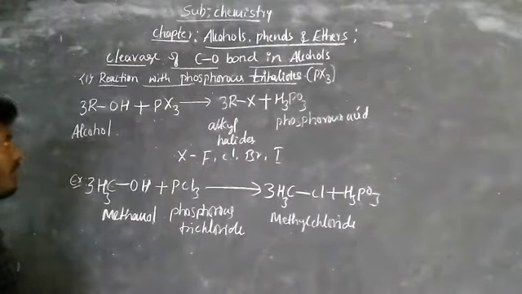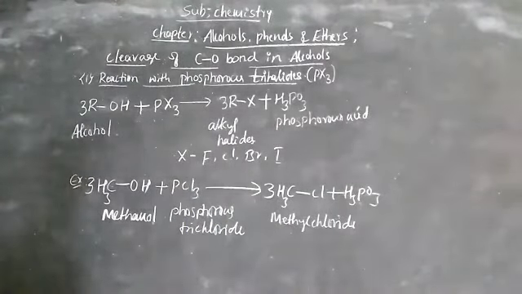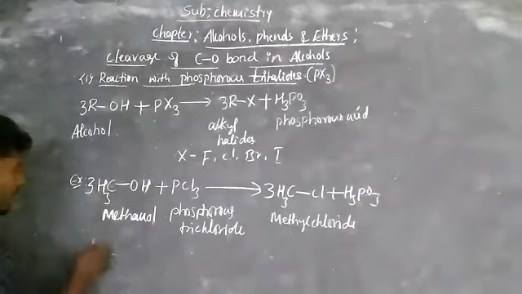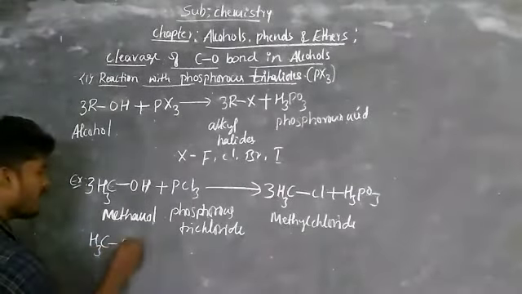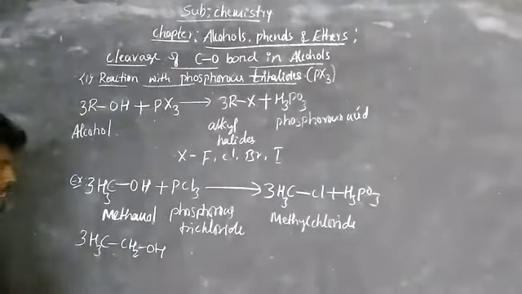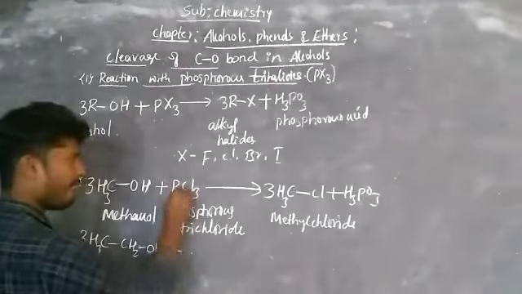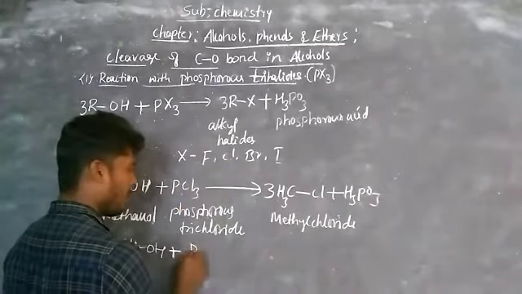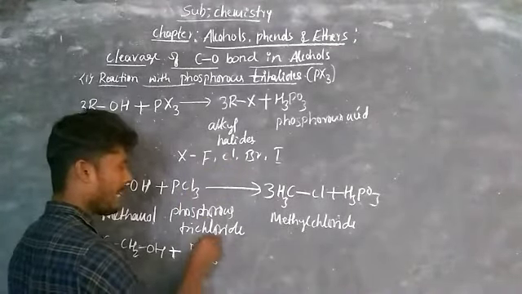This is the reaction of phosphorus trihalide with alcohol. Similarly, take ethanol, CH3CH2OH. As a second example, take 3 equivalents, which reacts with PBr3, phosphorus tribromide.